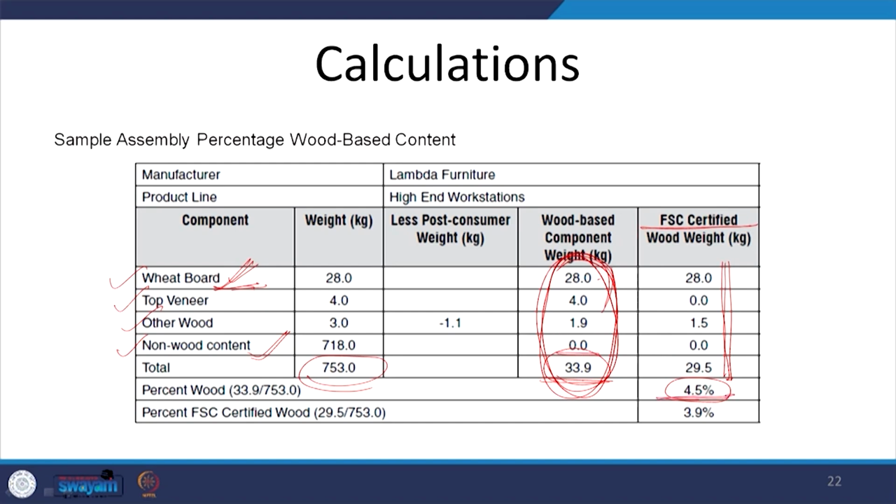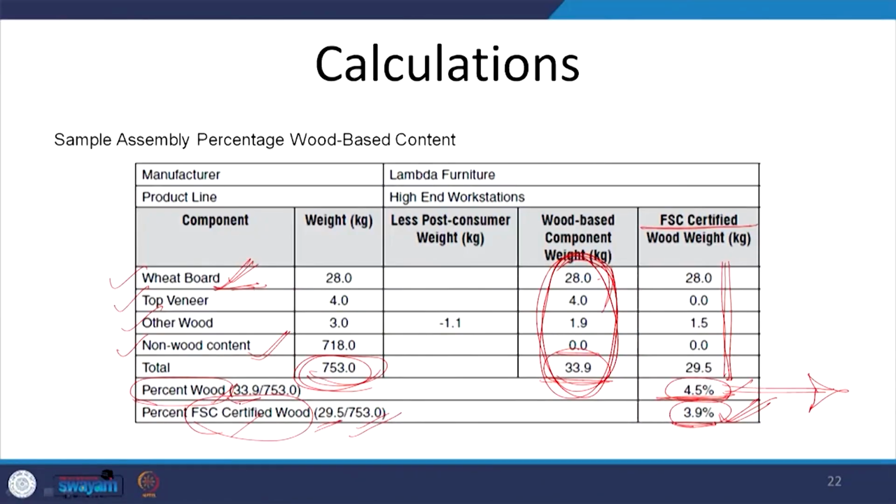So, we calculate this as part of the total percentage of wood based components, and we further calculate the FSC certified component of the wood. This FSC certified component has to be taken as a percentage of the wood component of the product.